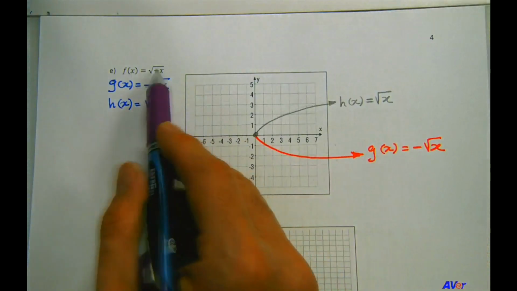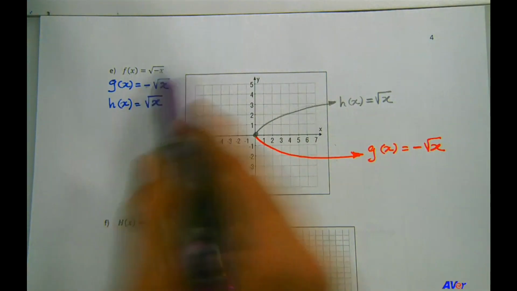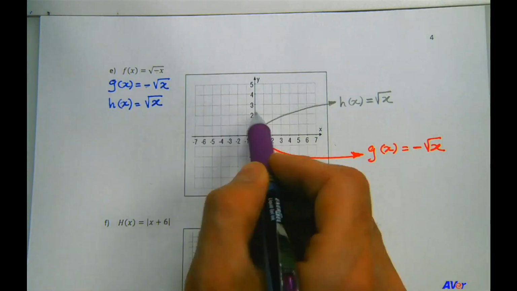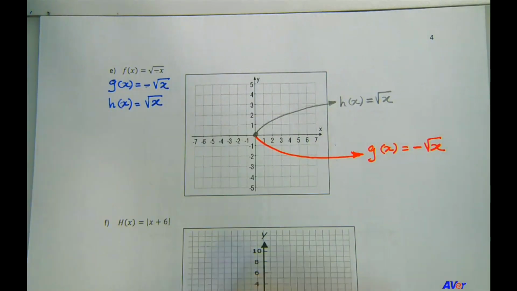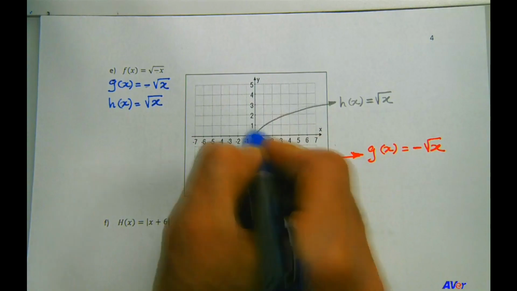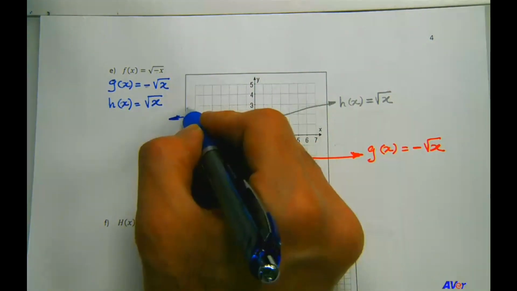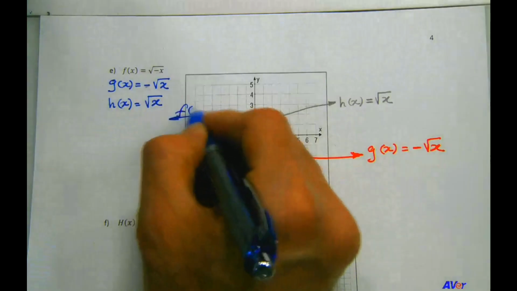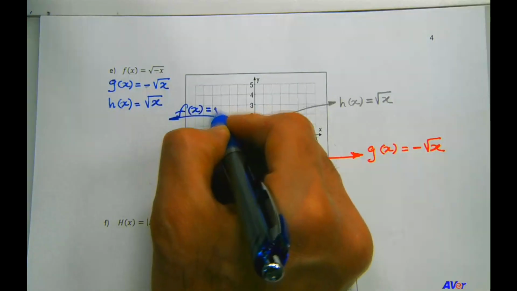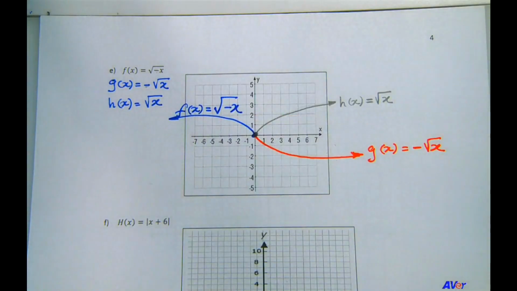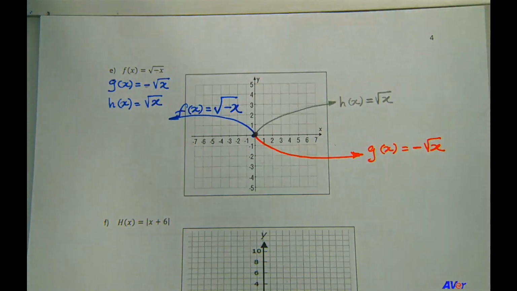If the minus is inside, then the graph is reflected across the y-axis, this way. So let's draw that. Something like that. And I'm going to put this as f of x equals square root of minus x. Okay, so let's look at this on a computer, which will no doubt look better.